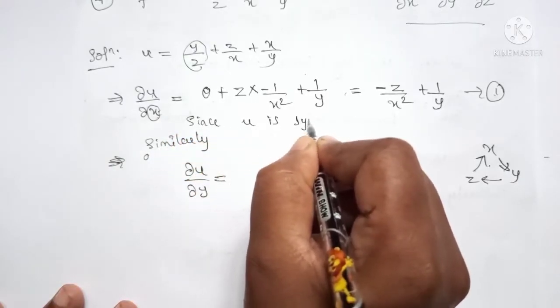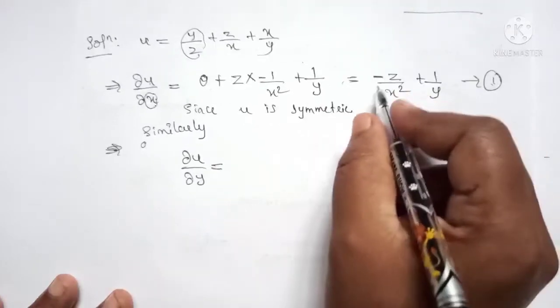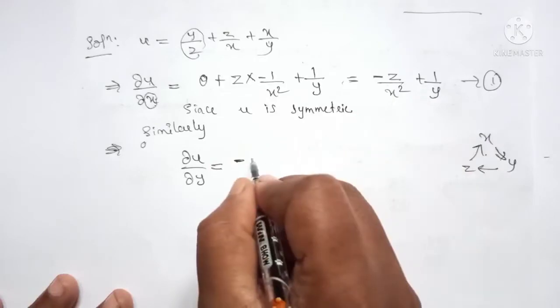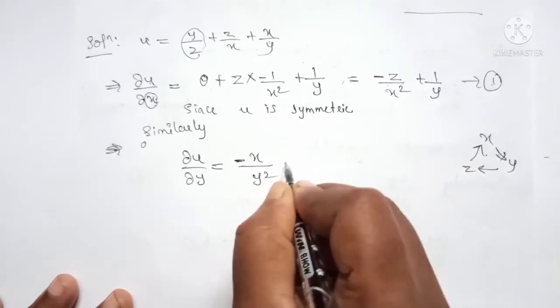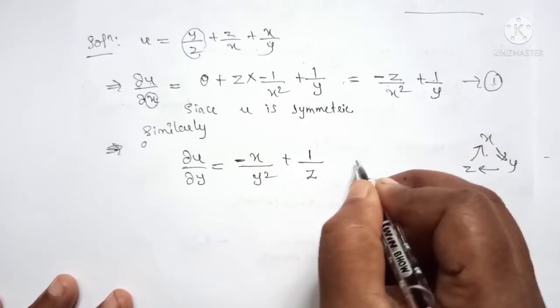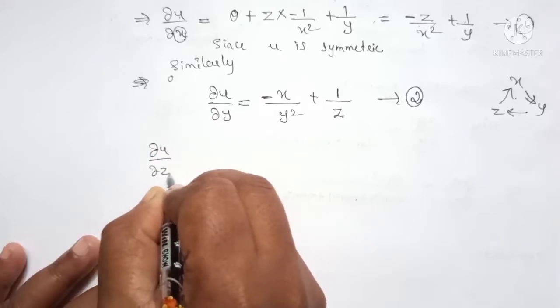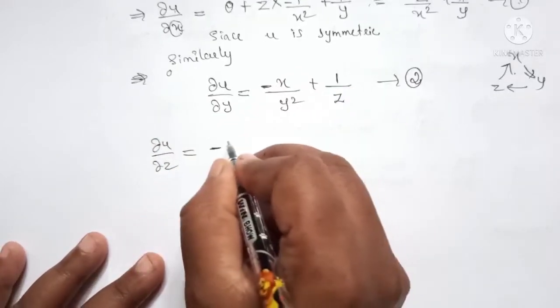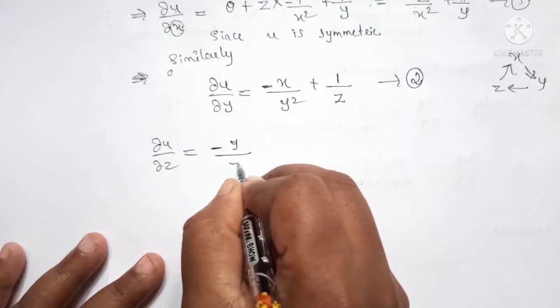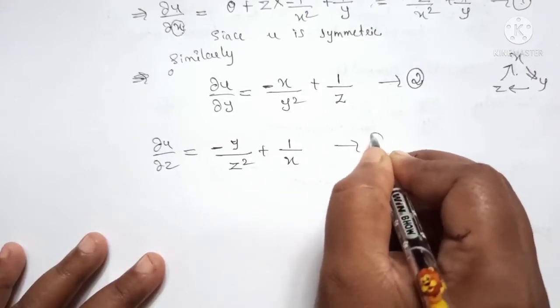Okay, so we get minus x by y² plus 1 by z, equation 2. Next, ∂u/∂z can be written as minus y by z² plus 1 by x, consider as equation 3.